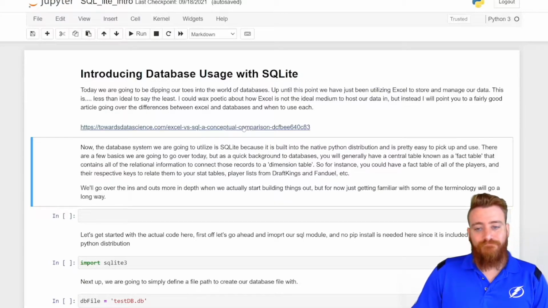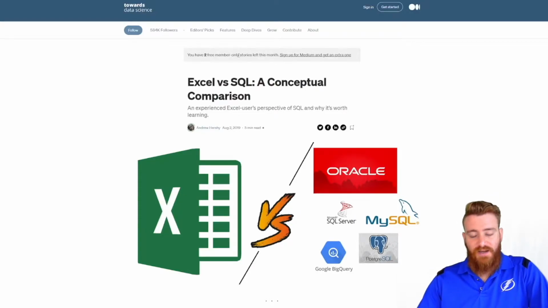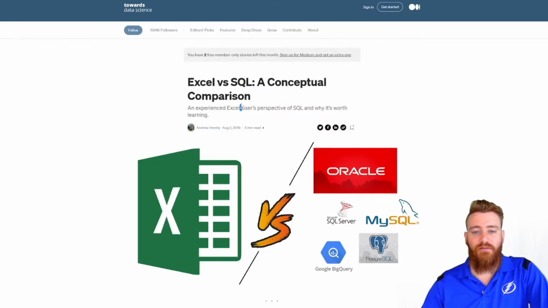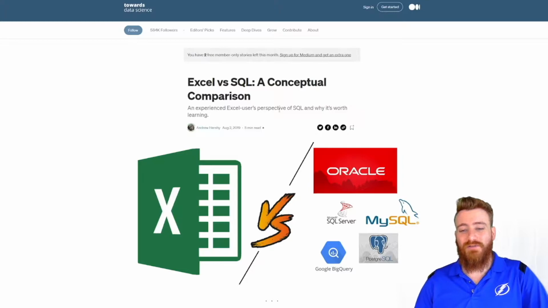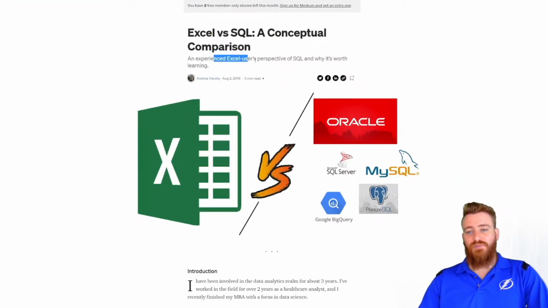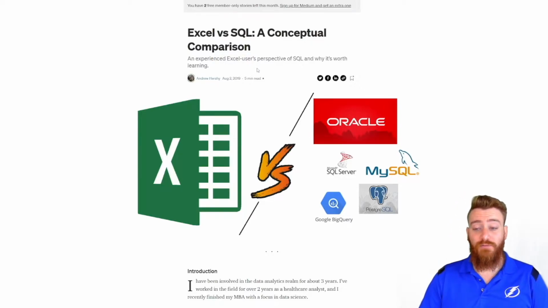As I said before, Excel is not a database. So this link I'm providing is from Towards Data Science. They put a lot of great material out. This is just going to be a rundown of Excel versus SQL, you know, big picture. What are the differences? And this comes from an Excel user's perspective, so a lot of you, this will probably ring true for you.